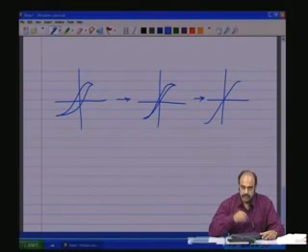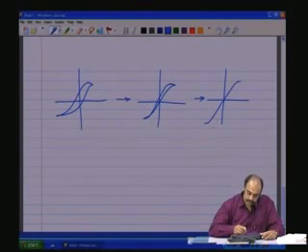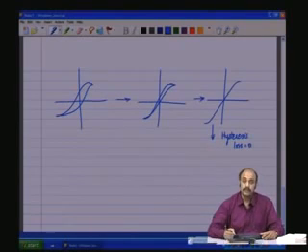Then there is no hysteresis loss. Hysteresis loss becomes 0.